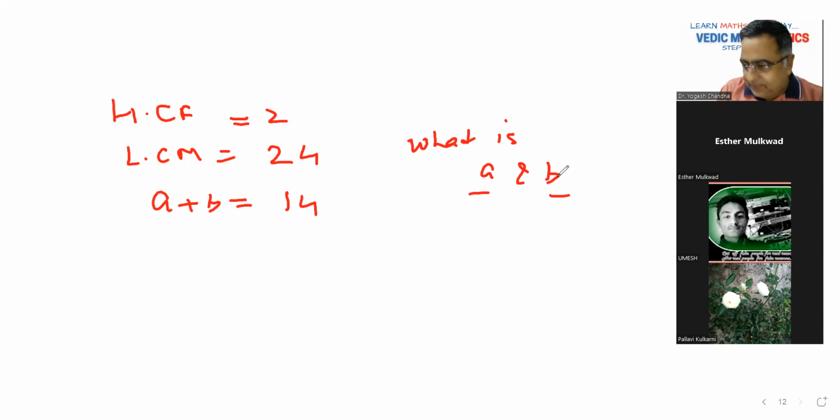A plus B is 14. इसको बार बार रिपीट करके कुछ मिलेगा? पल्लवी, यस पल्लवी.